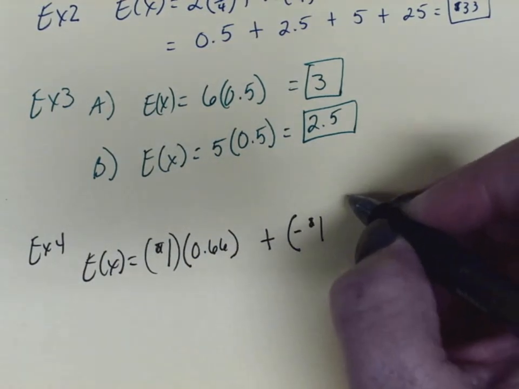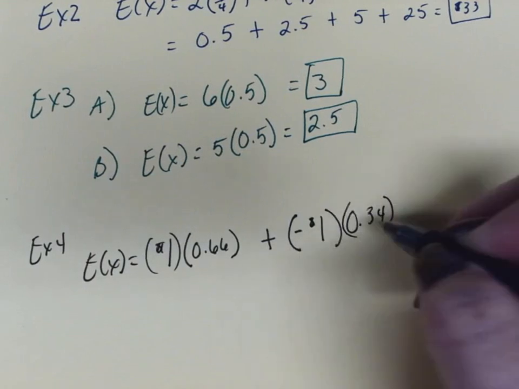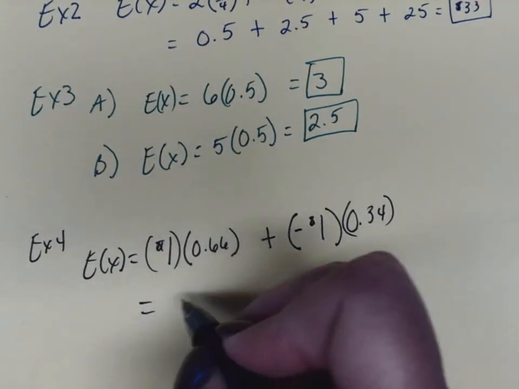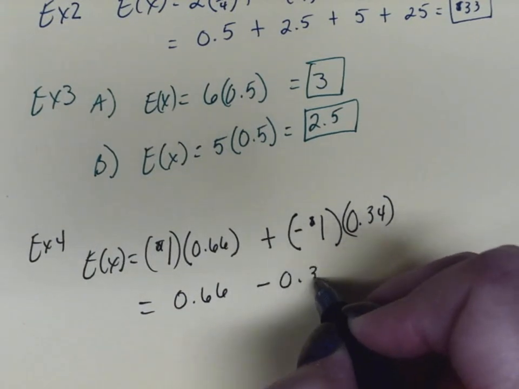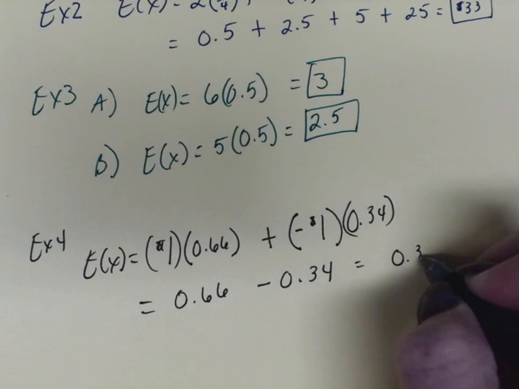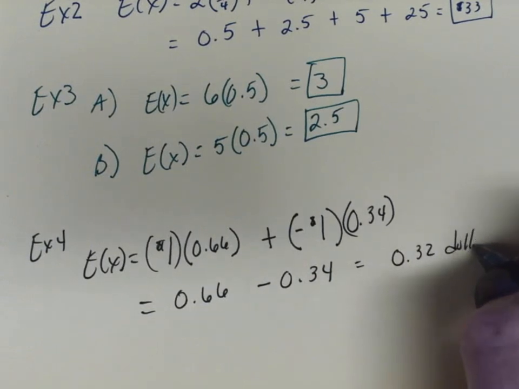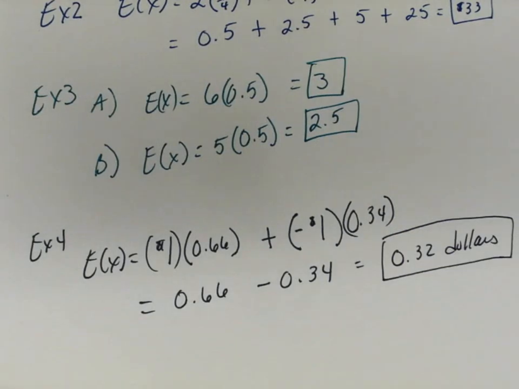So losing $1 has 0.34 as the probability of that. So we're going to get 0.66 minus 0.34 when we do our math, which gets us 0.32, and that would be dollars. So basically, you would expect to win 32 cents on the experiment over several times.